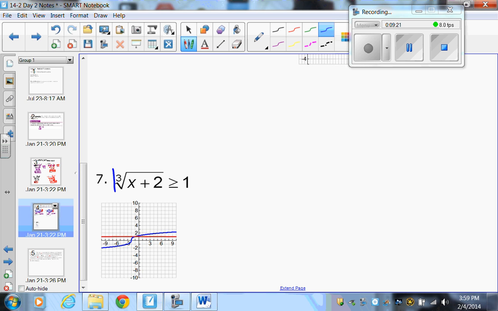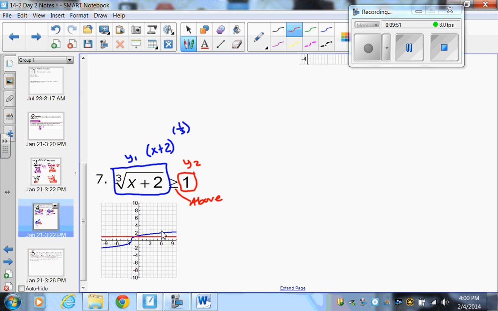So on example 7, the cubic root of x plus 2 goes in y1. And again, if you don't know how to type in the cubic root, you could always type it in as x plus 2 raised to the 1/3. It will give you the same thing. The right side is 1, which we're going to type in y2. But now we have greater than, which means we want to know when is the blue graph above the red line.